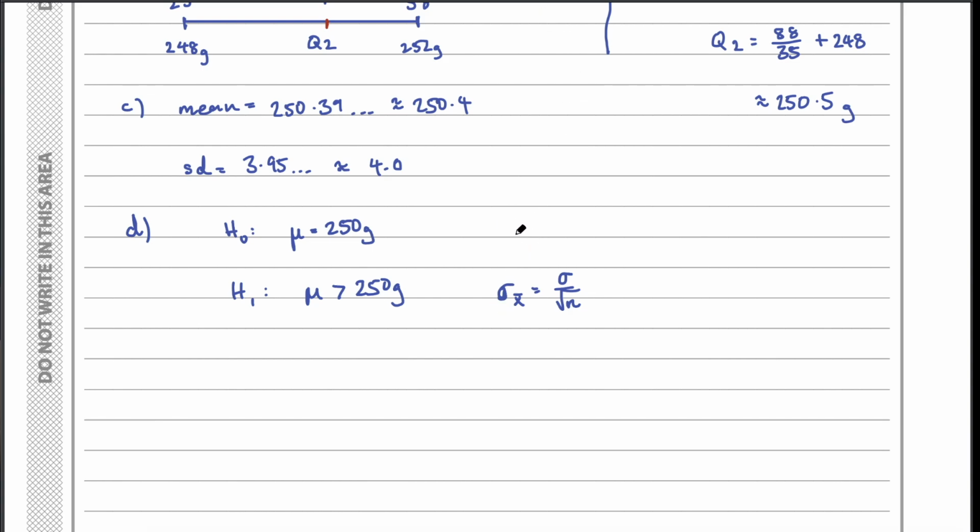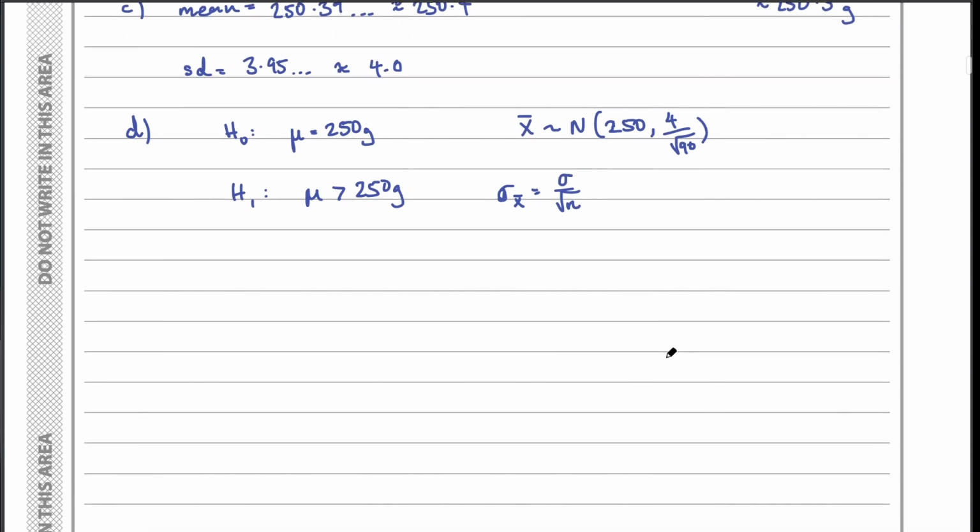So we can say that the sample means, x bar, are normally distributed with a mean we're assuming to be 250, and for this particular sample they've told us the standard deviation is 4, and the sample size is 90, so we'll have square root 90. So 4 over square root 90 is the standard error of the mean.